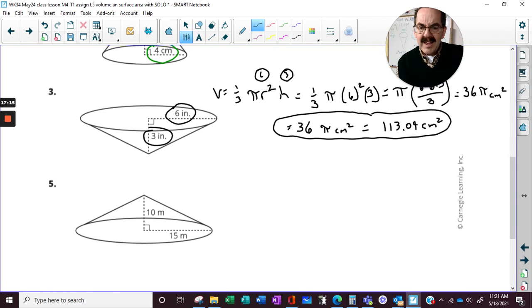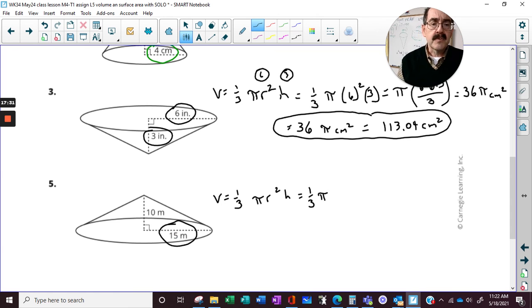Okay, welcome back. 1/3 pi r squared h. And in this case, we'll have 1/3 pi r is 15, so 15 to the 2 power. The height is 10. Okay.